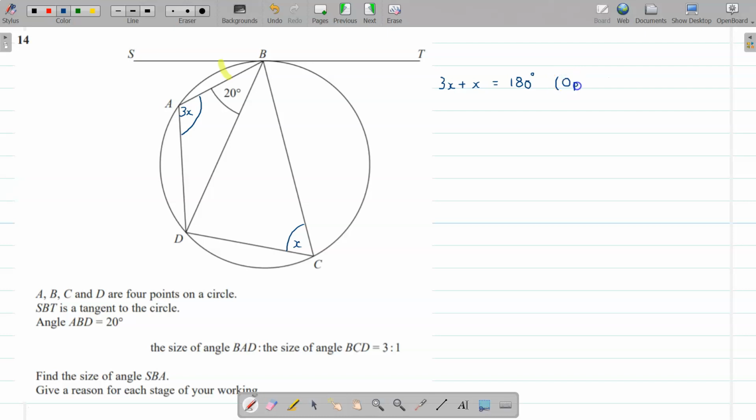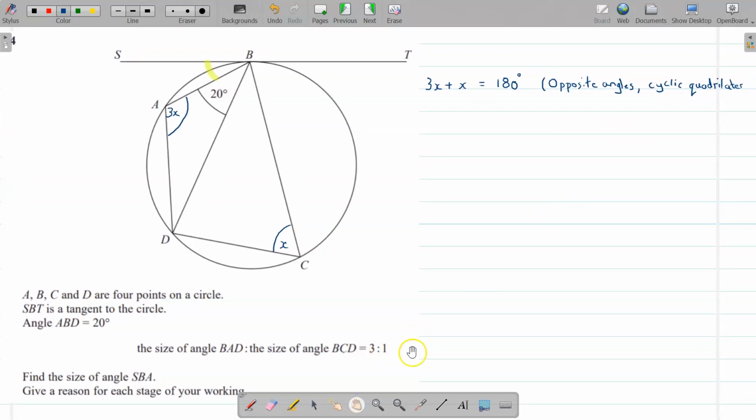Opposite angles, cyclic quadrilateral. Now it's really important that you include those words, because there are key words that you have to include: it's opposite angles in a cyclic quadrilateral.